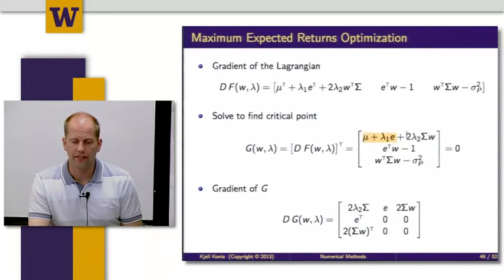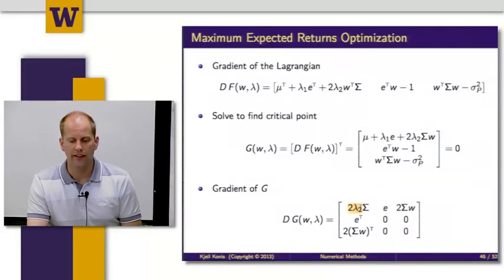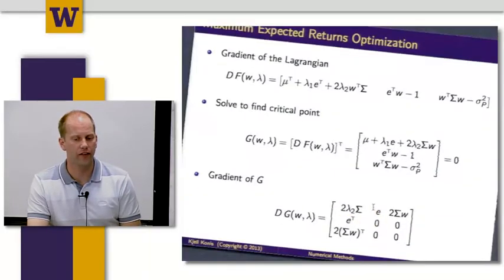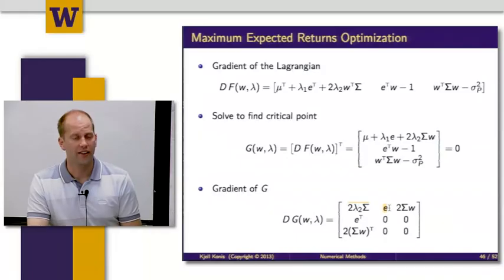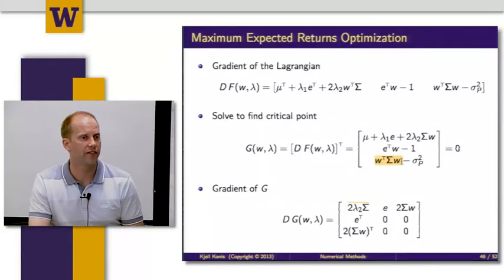Then when I take the derivative of this with respect to lambda 1, I'm just going to get e. So that e is going to go here, except remember e is this column vector of n ones. So at least the dimensions match up. This has n rows. This has n rows. And then we've also talked about taking the derivative of a quadratic form.